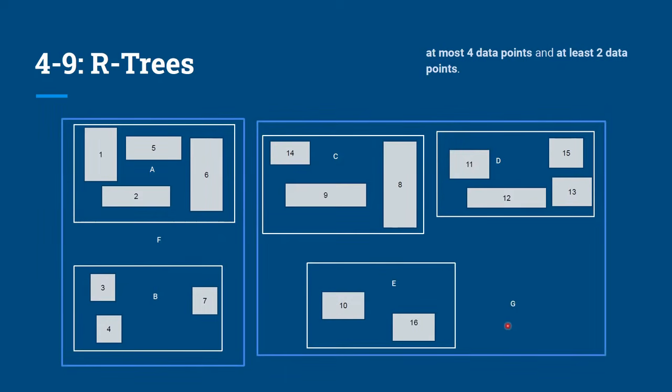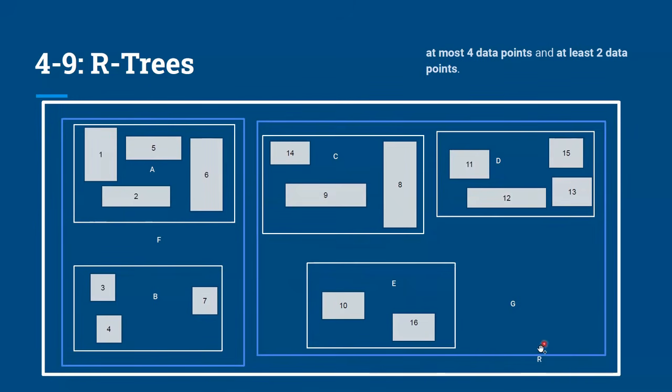Then those could be our previous level of nodes. If we go up, we get 2 nodes here, not just 1, as we said. So those would be G and F. Then what? We go one step further, and we have now our root of the tree, grabbing all of those together.